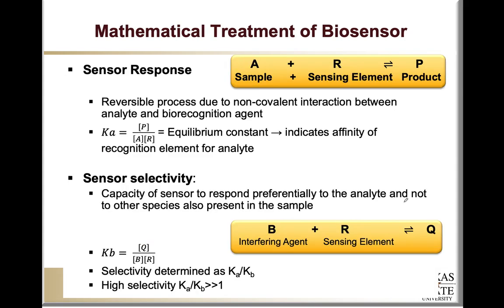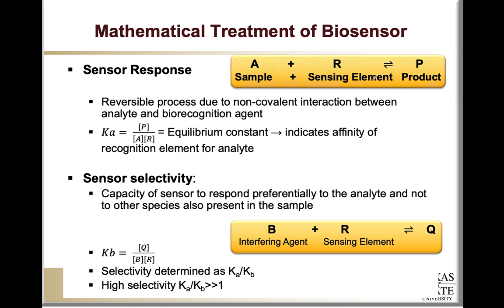So in terms of the mathematical response of a biosensor, we have basically the sensor response versus the sensor selectivity. Sensor response is when sample A, which is the molecule that we're trying to detect, is going to interact with the sensing element, which is R for receptor. When those two bind, they form a product, which you can think of as a conjugate of the two.